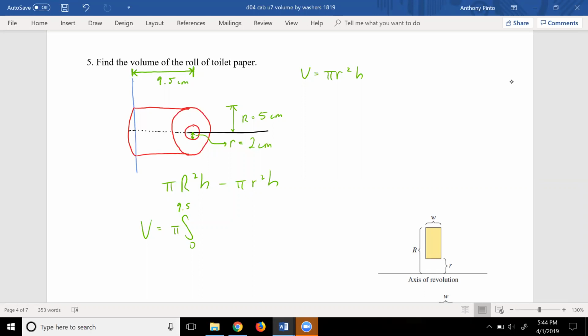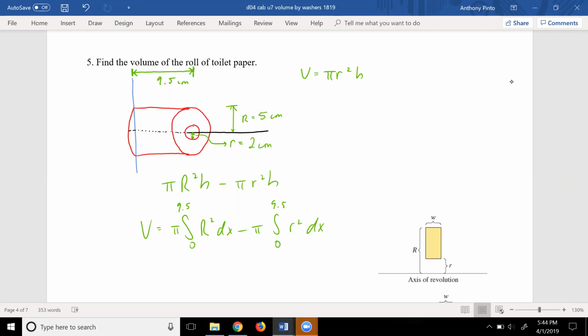We will end up calling this the washer method. It's going to be big R squared dx minus pi from 0 to 9.5 of little r squared dx.